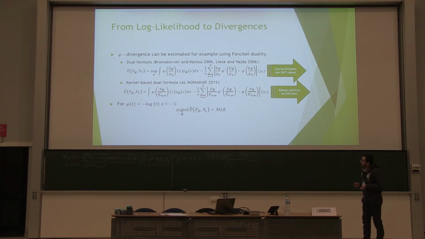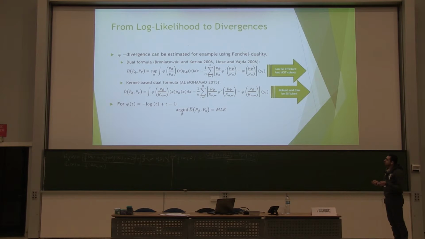The problem with this formula is that it gives good estimators when we are under the model. However, when we are not under the model, there is a problem, and we do not get a robust estimator. For this, I have recently proposed a modification of this formula in order to make it robust. And at the same time, I can get rid of the supremal formula, which simplifies our life in practice.